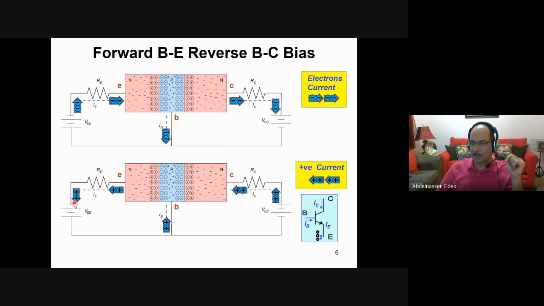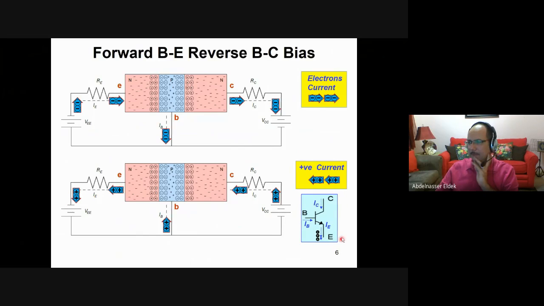So we have IB in this direction and IC in this direction, and they add together to give you IE according to Kirchhoff's current law, which is the emitter current.